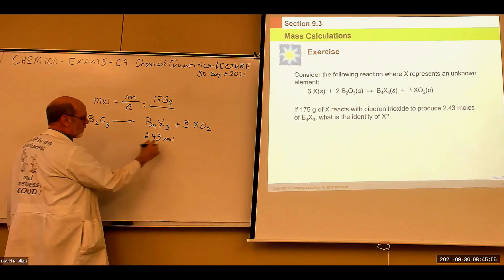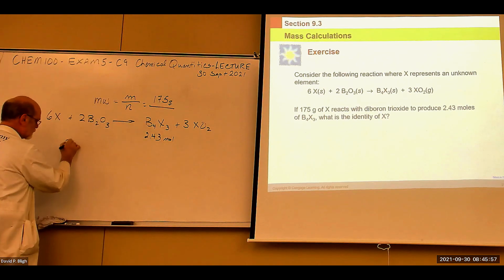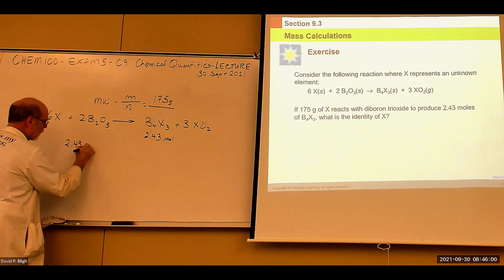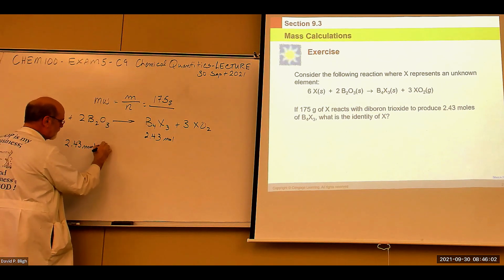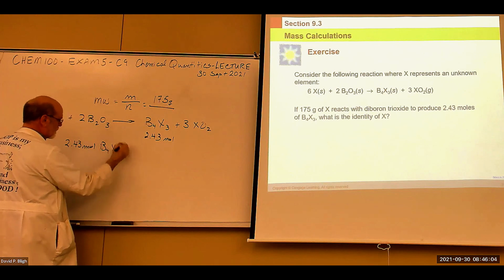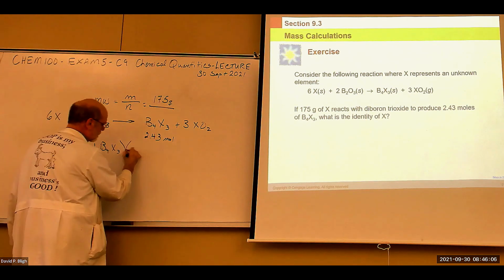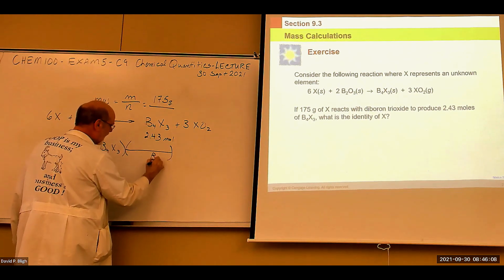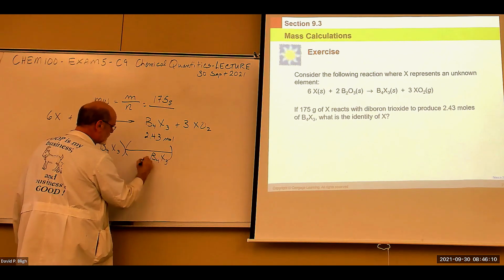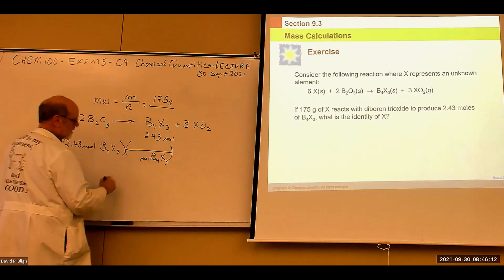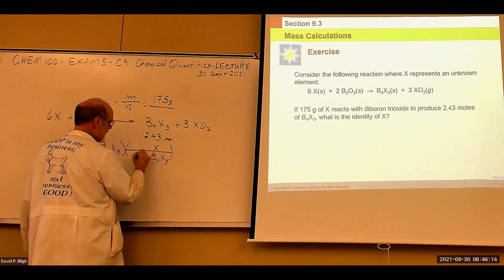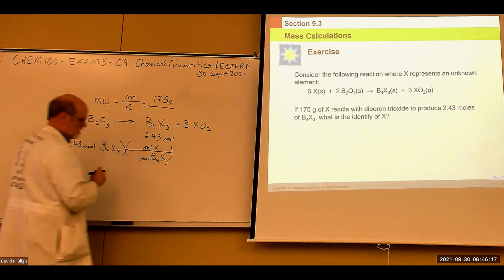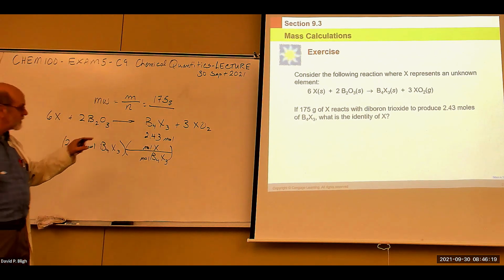If you have this many moles, let's do it over here. 2.43 moles of B4X3. We want to cancel B4X3 and leave us with X. And the conversion factor is right here.